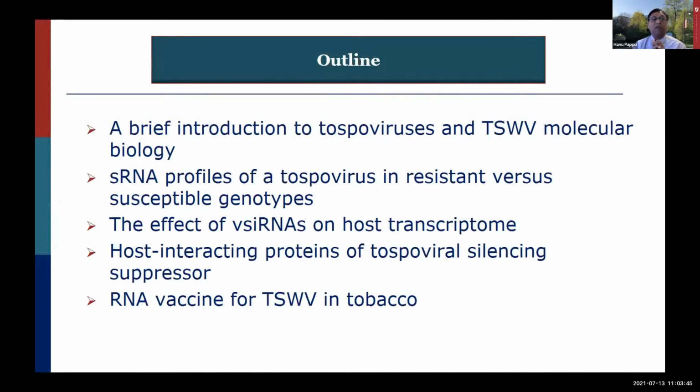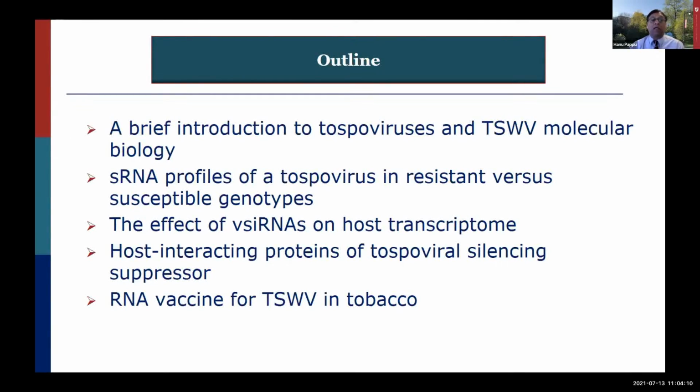Today, I'm going to give a very brief introduction to taspoviruses and TSWV molecular biology, and then talk about some of the work that we've been doing on how hosts react to taspovirus infection using TSWV and tomato in particular as a model system, and how it relates to peanut for the focus of this meeting.